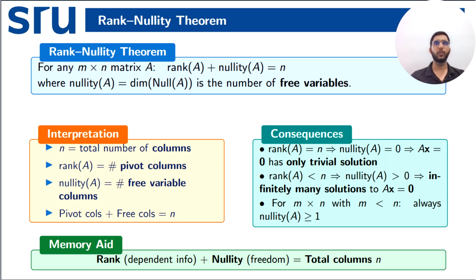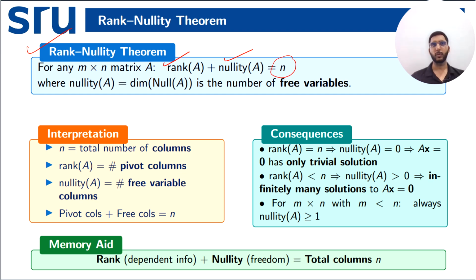Now we come to one of the most important theorems in linear algebra, the rank nullity theorem. For any matrix A with n columns, the rank plus nullity equals the number of columns. This theorem is known as the rank nullity theorem.